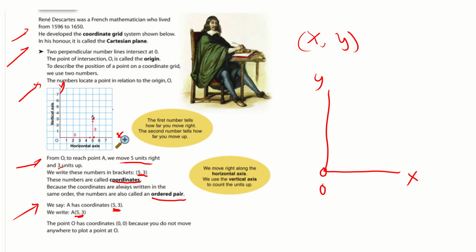So let's say I wanted to find B, and let's say I said it was 3 and 2. What I would do is count 1, 2, 3 to the right, 1, 2 up, and get 3 over and 2 up is B. Let's say C, and I had an ordered pair of 4 and 1.